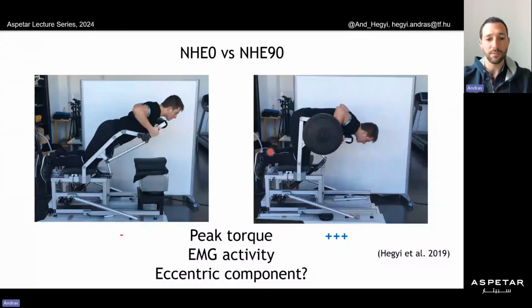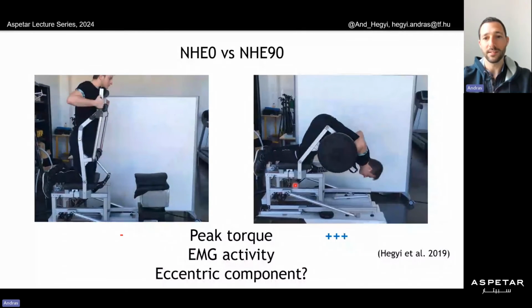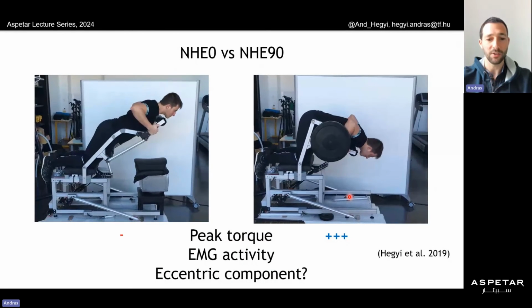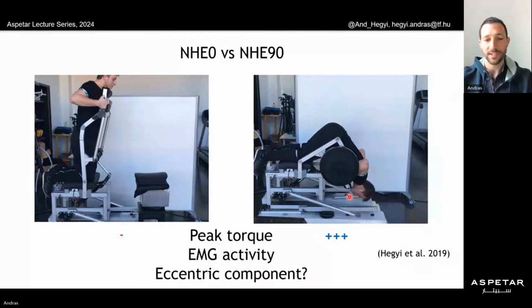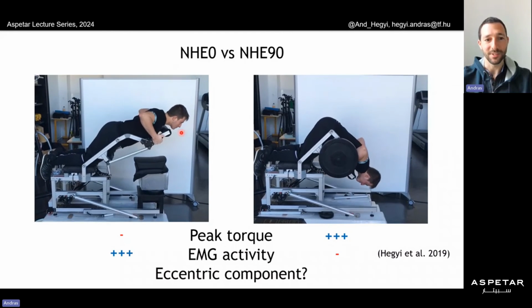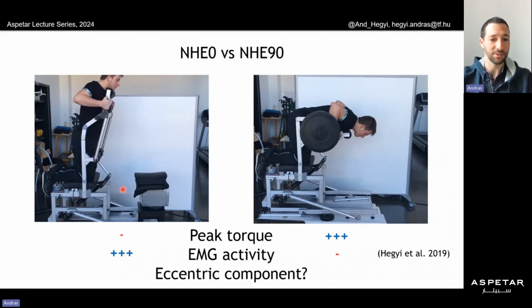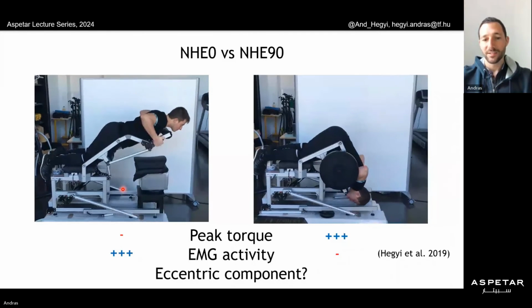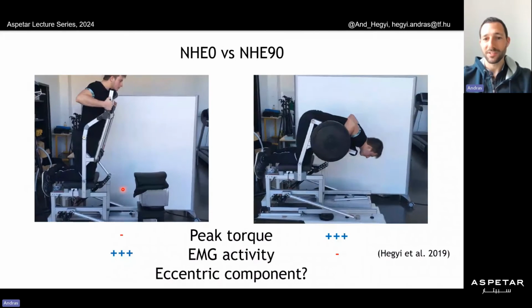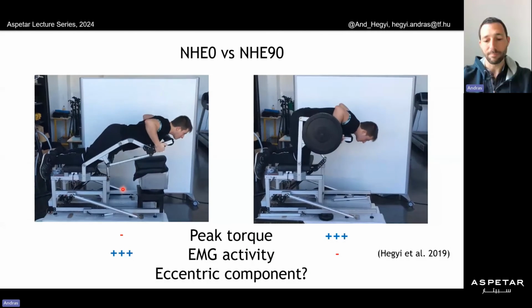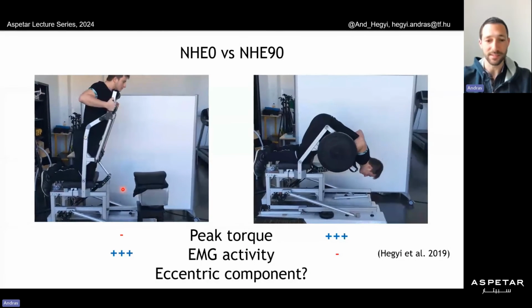And what we observed was that in this exercise, when we flexed the hip, we had a much higher peak torque. However, what was interesting is that the activation was still higher in the traditional Nordic hamstring exercise, which might actually reflect a different mechanics of the muscle between these two exercises.